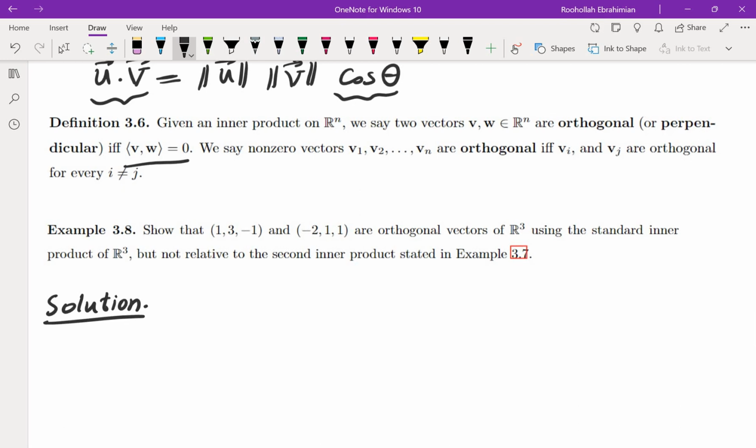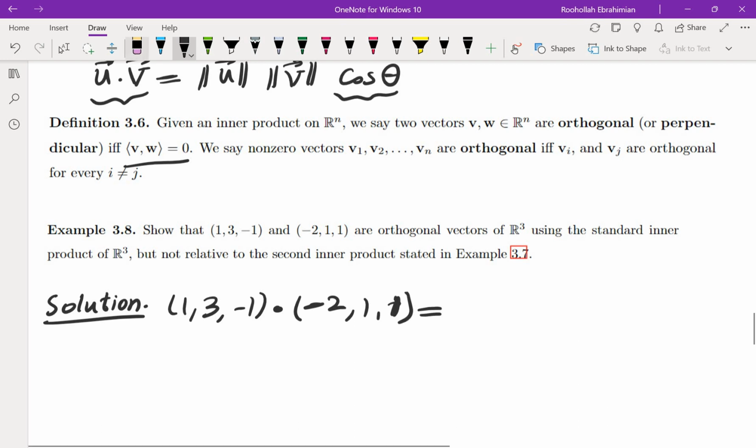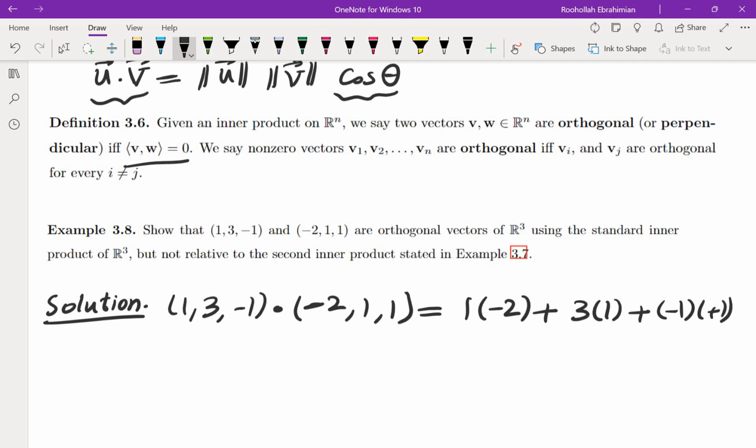Show that these vectors are orthogonal using the standard inner product. If you take 1, 3, negative 1 and dot that with negative 2, 1, 1, you multiply the first components, so 1 times negative 2, plus 3 times 1, plus negative 1 times 1.